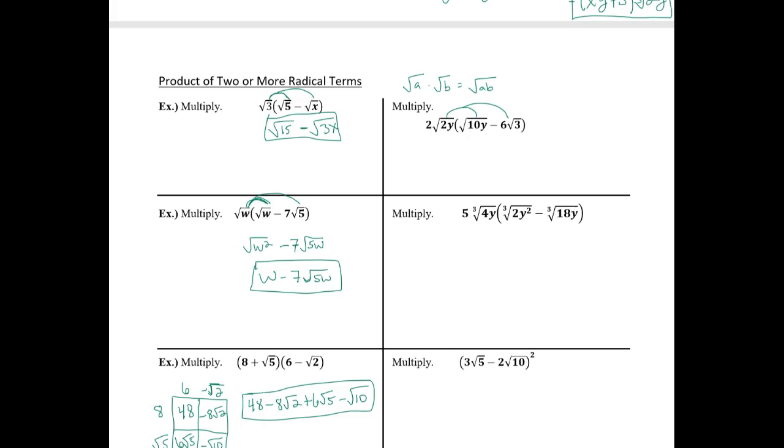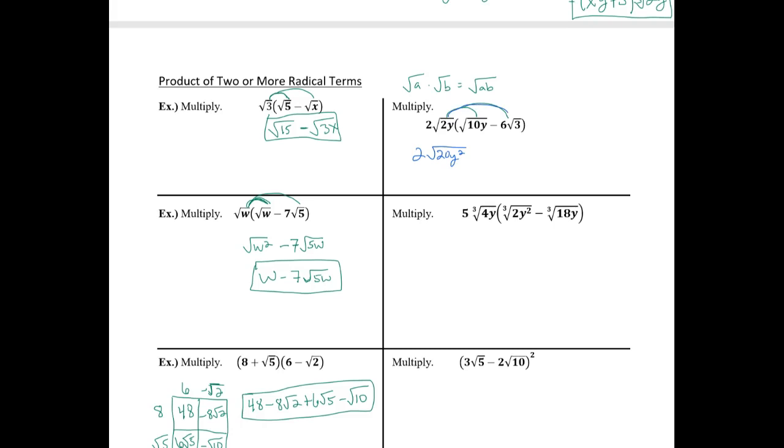Alright, we have 2 square root of 2y times 10 square root of 10y. The 2 is outside the radical, it stays outside. And then on the inside we have 2y times 10y, which would be 20y squared. We do the same thing with the second term.